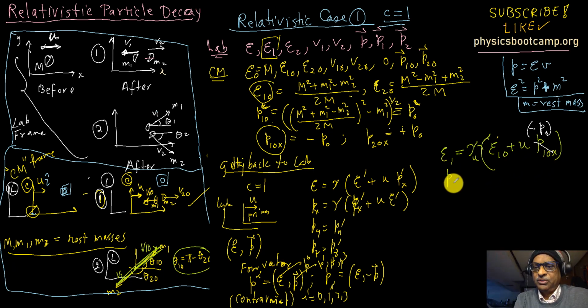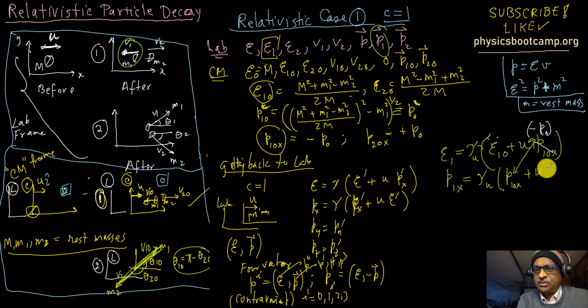And P1x, this guy. So where's the momentum of this guy over here? Well, that's going to be gamma u, and I'm going to get P10x, and of course I'm going to replace that with that plus u E10 for that, and other guys are 0.